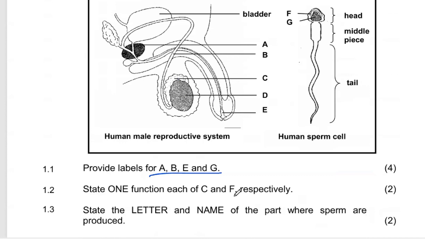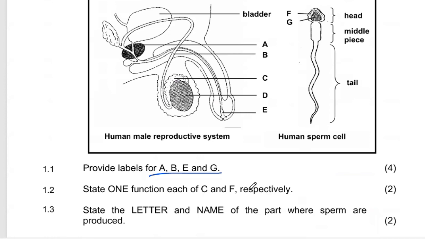C stores sperm temporarily. Why should it be stored temporarily?